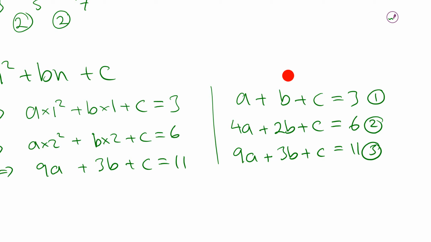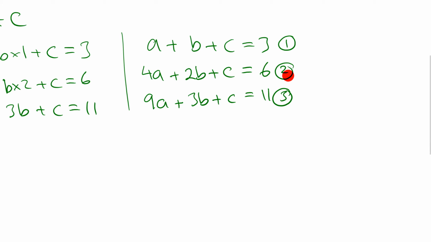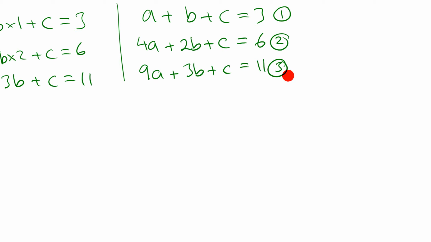Now, do you remember roughly how we did it before? You took it away. Which ones was an easy one to start off with? The first two, so 2 take away 1.